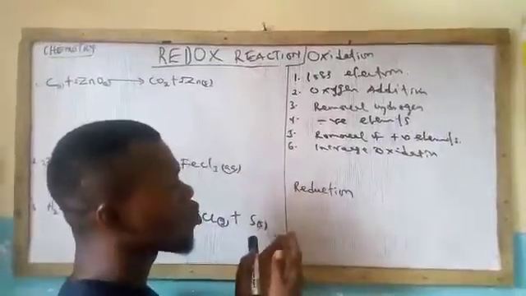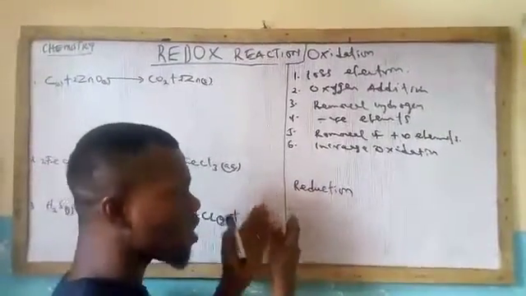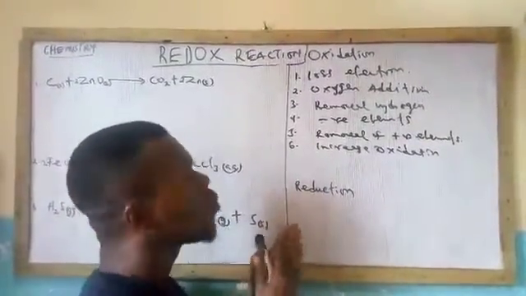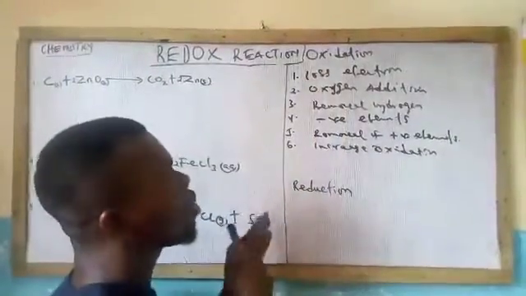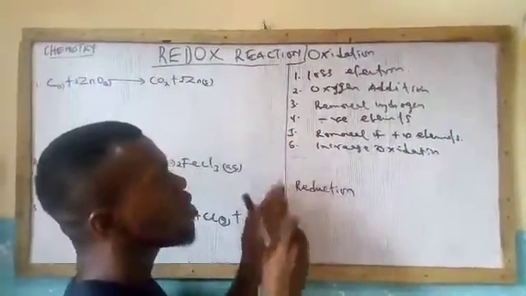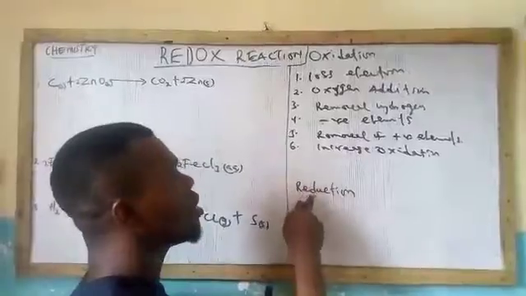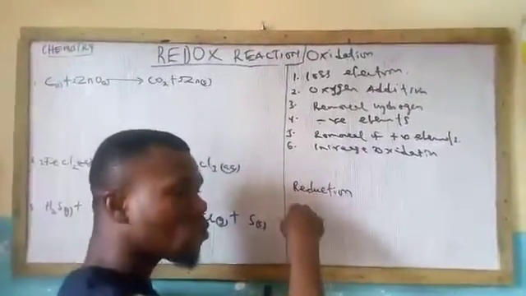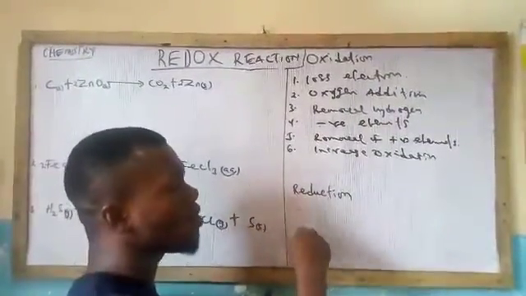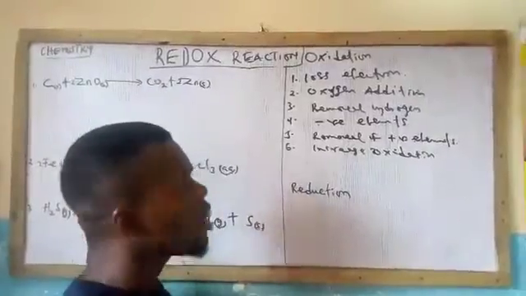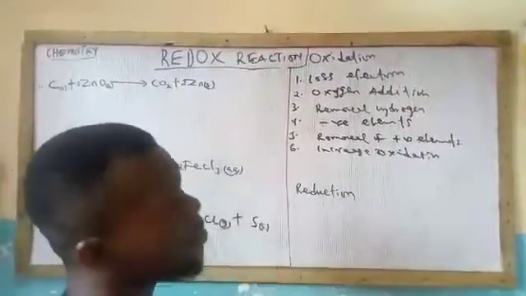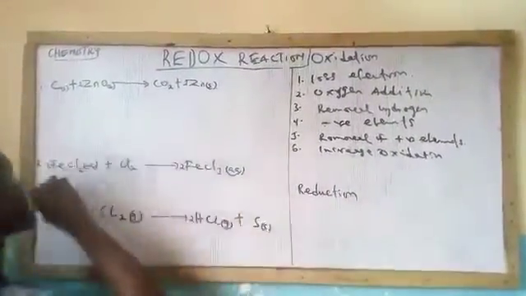In the case of reduction, we refer to the oxidizing agent. Whenever an oxidation process occurs, the agent responsible is known as the reducing agent. In a reduction process, the agent responsible is known as the oxidizing agent.